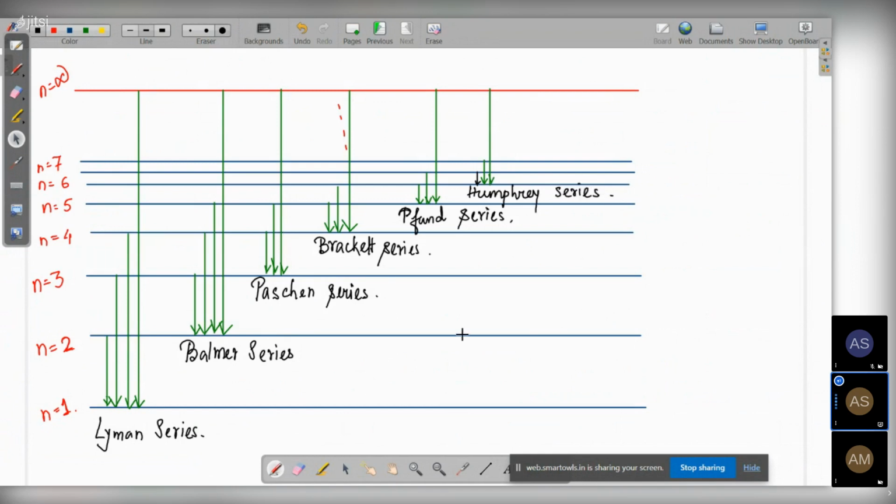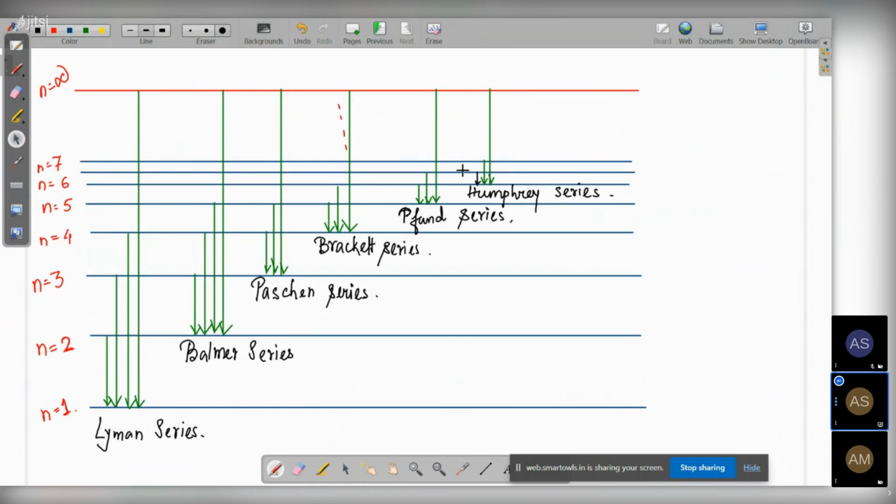As you can see, plenty of electron transitions are possible. It is not possible to remember the wavelength of every transition. Moreover, different elements have different wavelengths, so it is not possible to memorize the wavelengths.